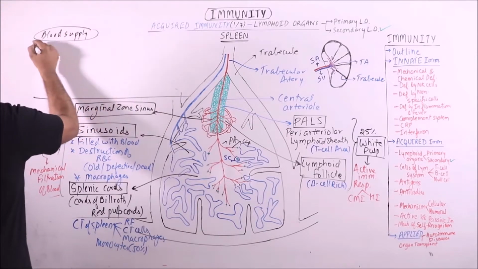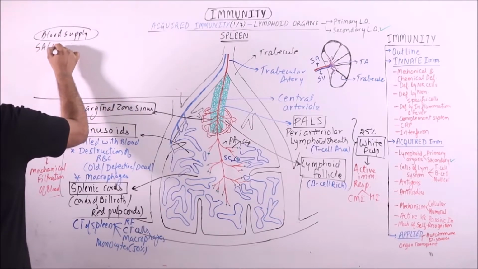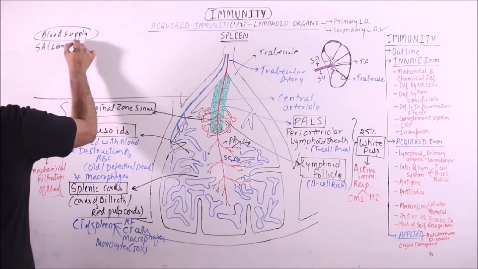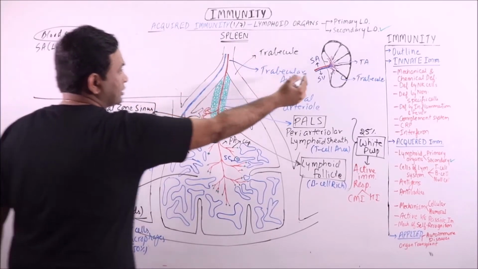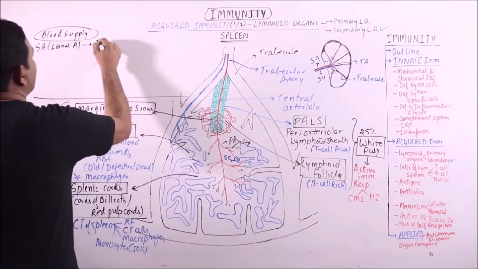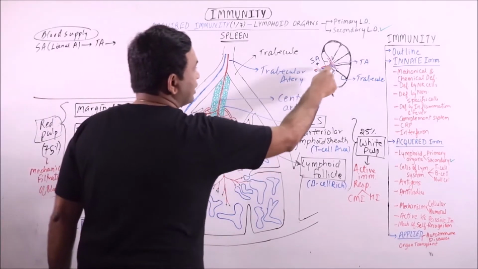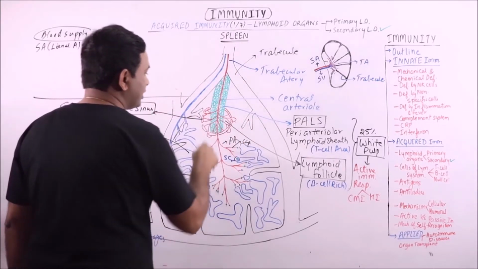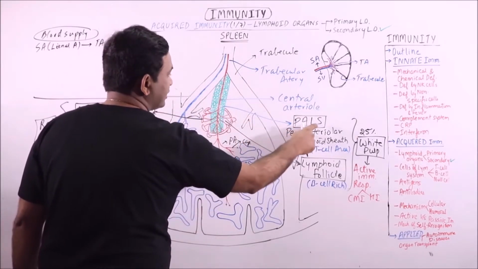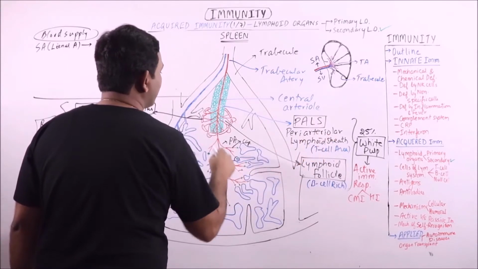Blood supply of the spleen starts with the splenic artery, which is also known as the lienal artery. Then it is divided into 6 or more trabecular arteries. We can observe here, trabecular arteries are there. These trabecular arteries will enter the compartment. This is a trabecular artery entering a compartment, and then it is immediately surrounded by the periarteriolar lymphoid sheath.